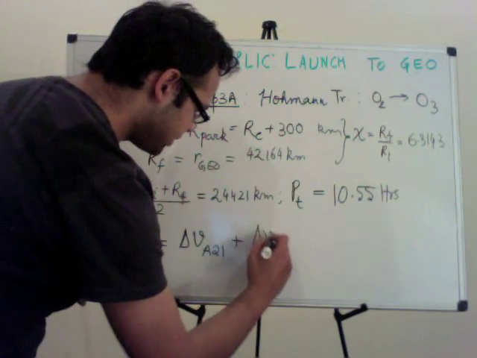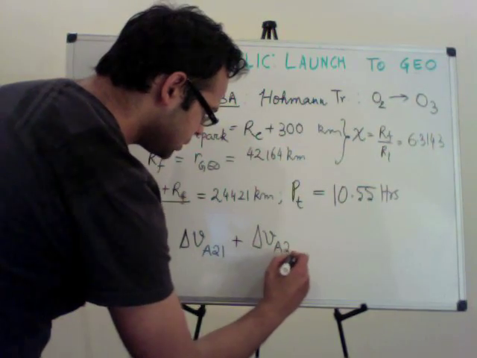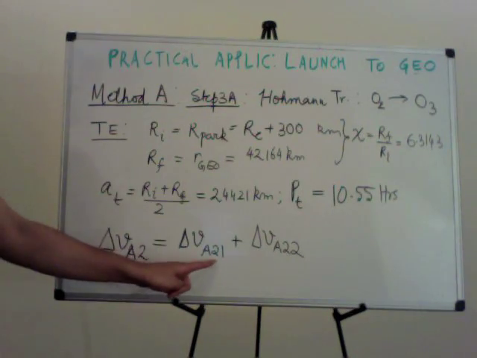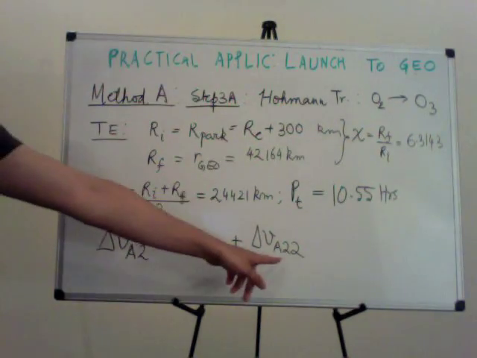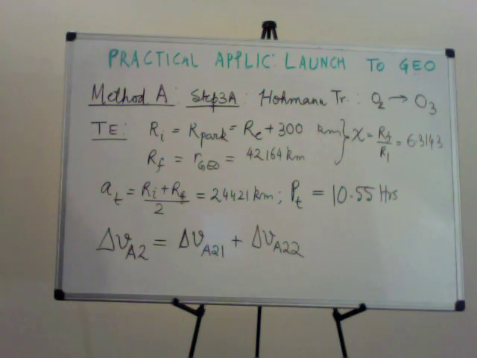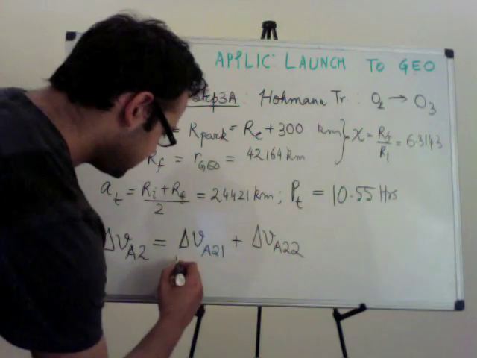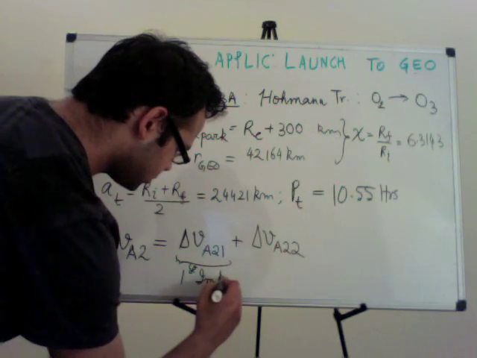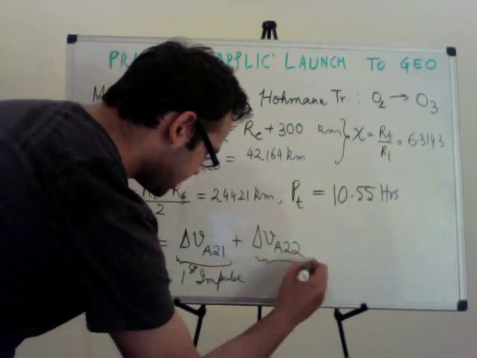Remember that the Hohmann transfer is a two-impulse maneuver, right? The first impulse takes place at O2, the second impulse takes place at O3. This is the first impulse, the second impulse of Hohmann.